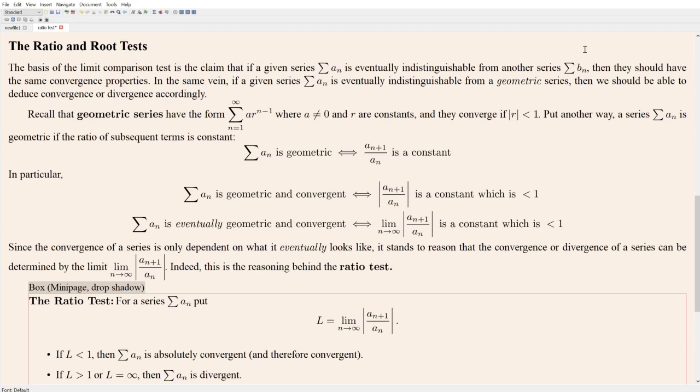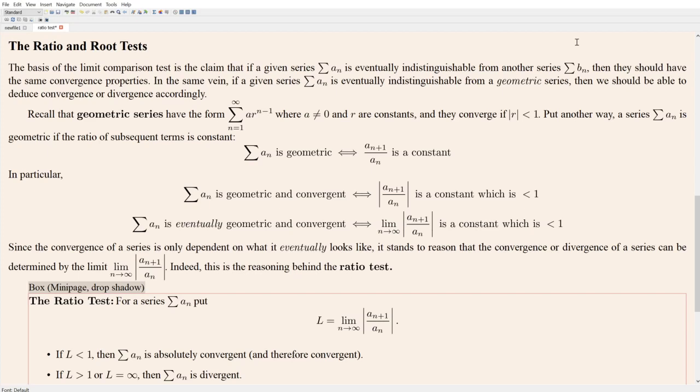The way that you would say that formally is that the limit as n goes to infinity of the ratio of a_n to b_n is eventually a constant. But really what we are claiming is that if a series is eventually like this series, then they should have the same convergence behavior.